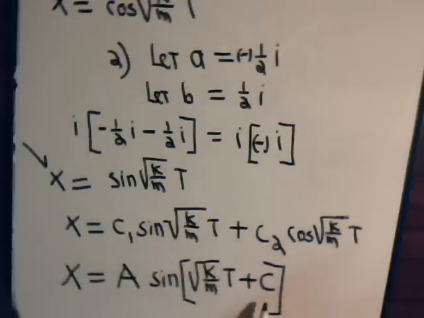And we discussed how this constant is a phase angle, and its value depends upon the initial conditions of the problem, and it gives the position of the block at time t equals 0. Again, we discussed that in the previous video.